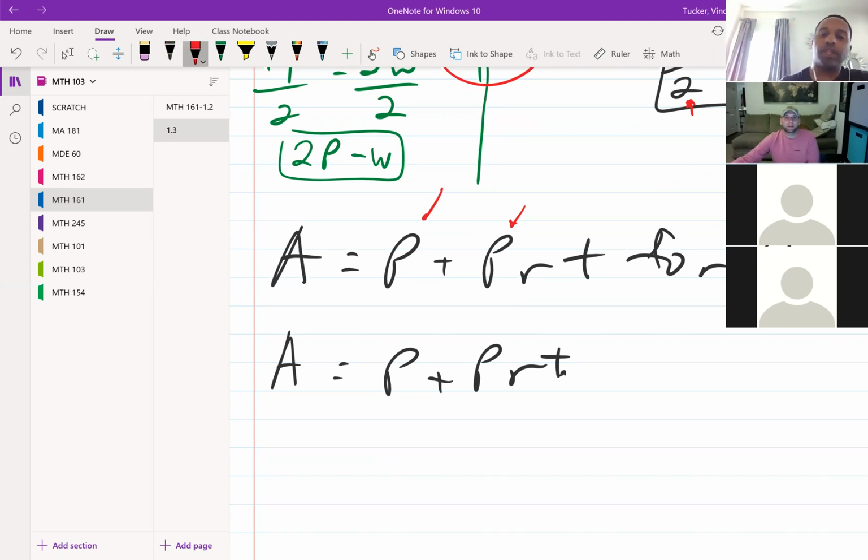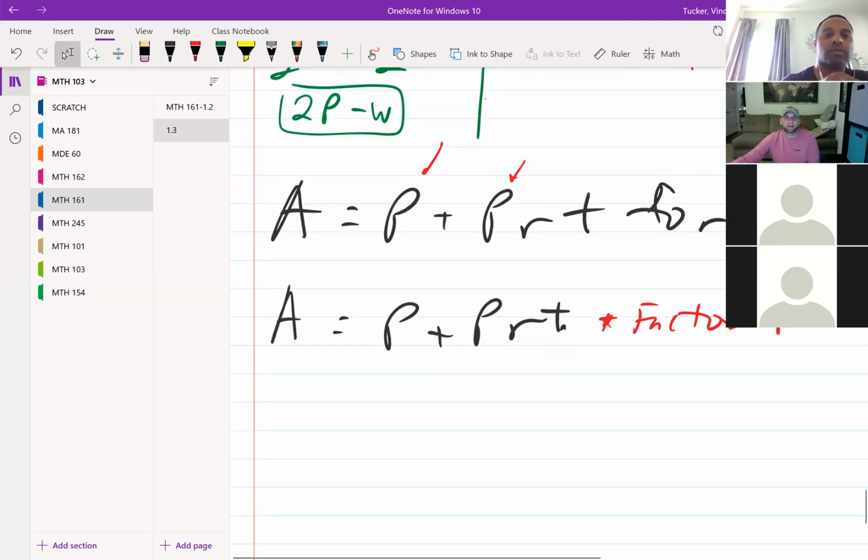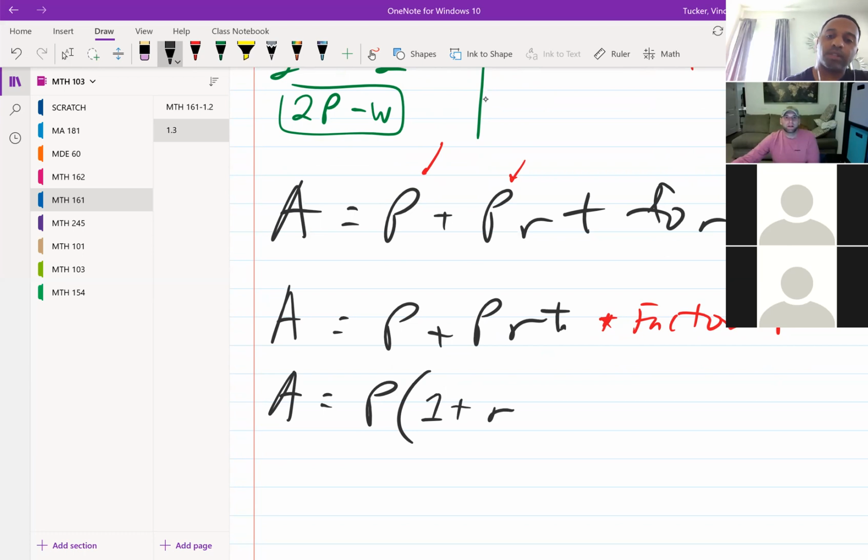So what we can do here is factor. We can factor P out. So pull P to the outside. What will be left out of the first term is just 1 plus RT from the second term. So that's P times 1 plus RT.